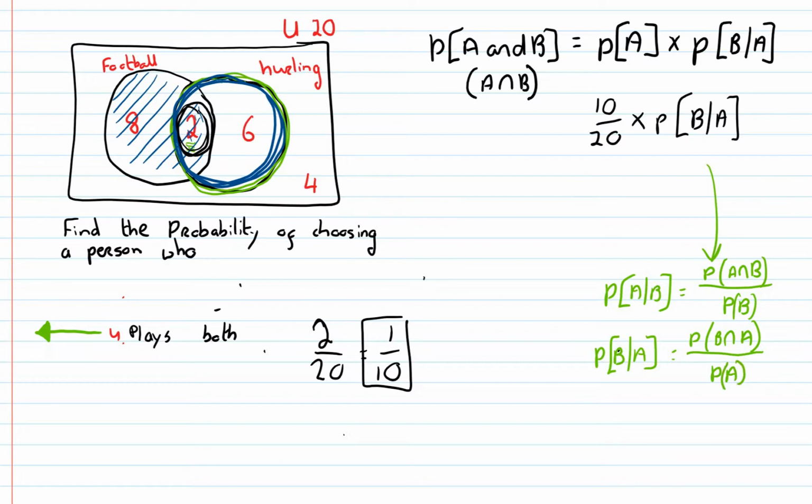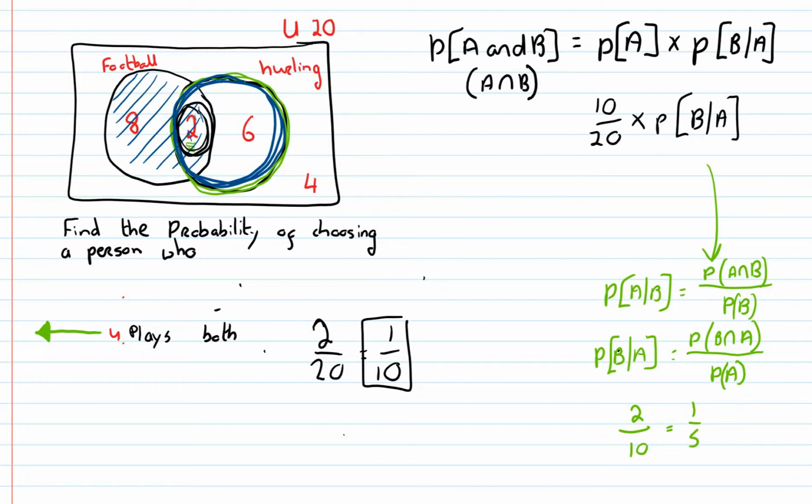Probability of B intersection A is the 2 from here, and A then is the football, which is 10, and that will give me 1/5.